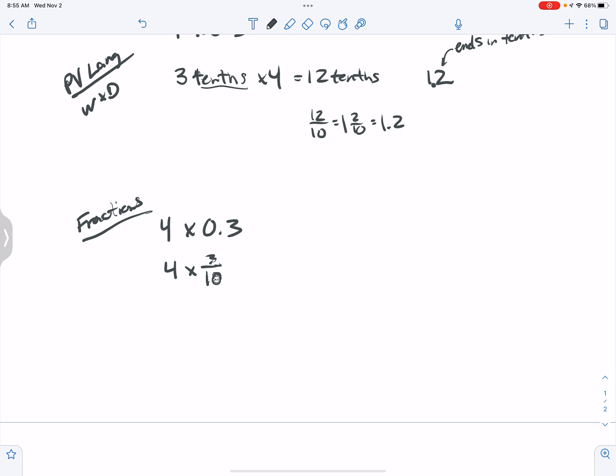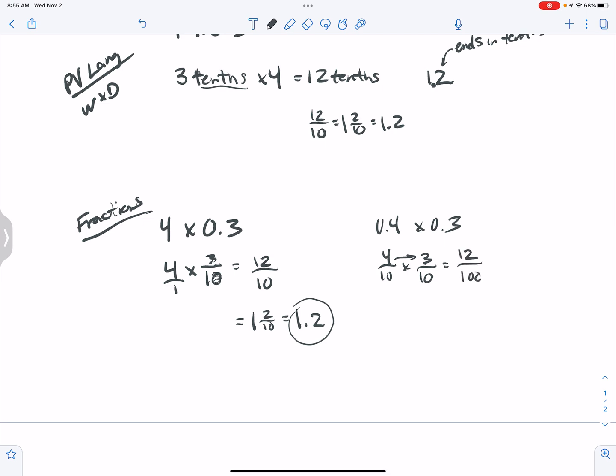So 4 times 3/10, if you need to think of it as 4 over 1, multiply straight across, you get 12/10, or 1 2/10, which is again equal to 1.2 as a decimal. This strategy would also work if, let's say, this was 4/10 times 3/10, and we'll look at this in the next little bit, but it would work out the same way, where you just convert them both to fractions and then multiply straight across.